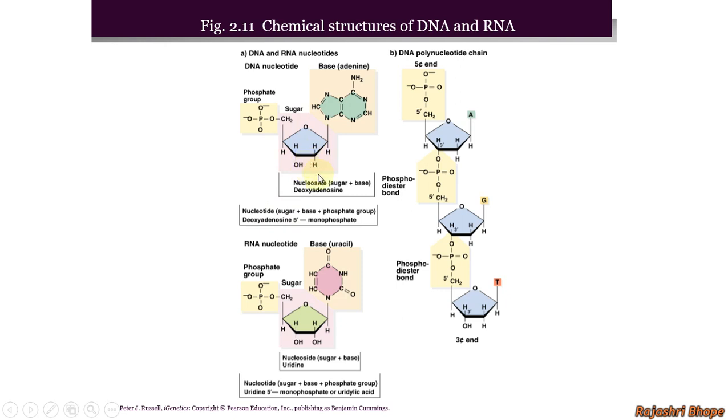Here at the 2' position, the oxygen is absent. This is an RNA nucleotide, which includes a base, ribose sugar and phosphate. A nucleotide consists of a base, sugar and phosphate.